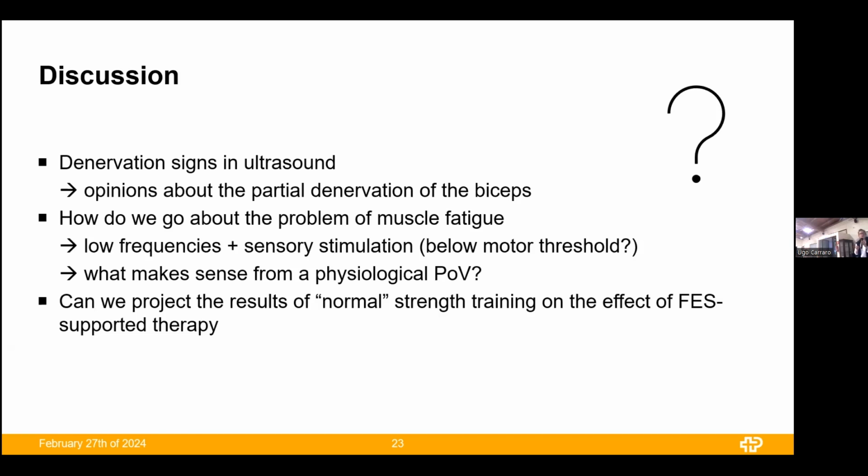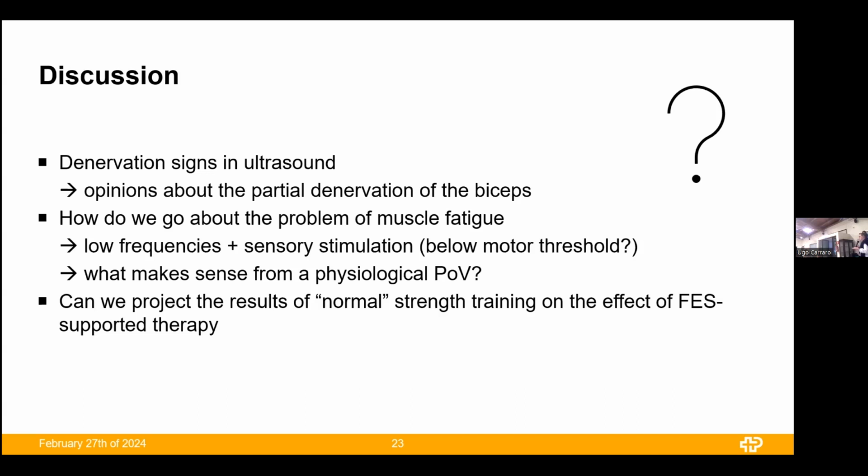And how do we approach the problem of muscle fatigue? It has been analyzed that the lower frequencies help with reducing fatigue, but again, is this also true for this kind of population? And are there other parameters that are important?